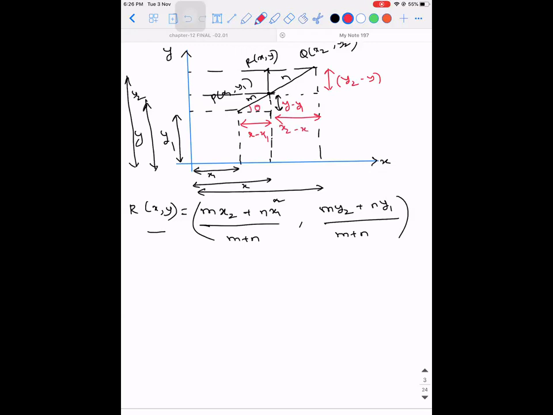If I take this angle as theta, this angle is also theta. So they are corresponding sides, corresponding angles. Now tell me, y2 minus y and x2 minus x, how can I relate them?